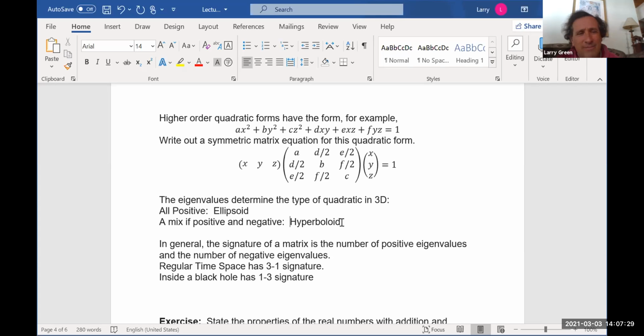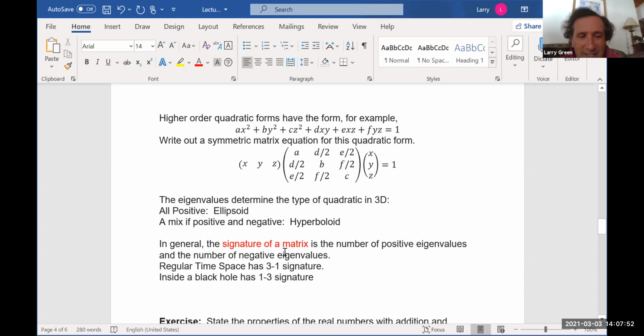You tend to have more language as soon as you get up to higher dimensions, because it's not just an ellipsoid and a hyperboloid anymore. So the language that they use, especially in physics, is the signature of the matrix.